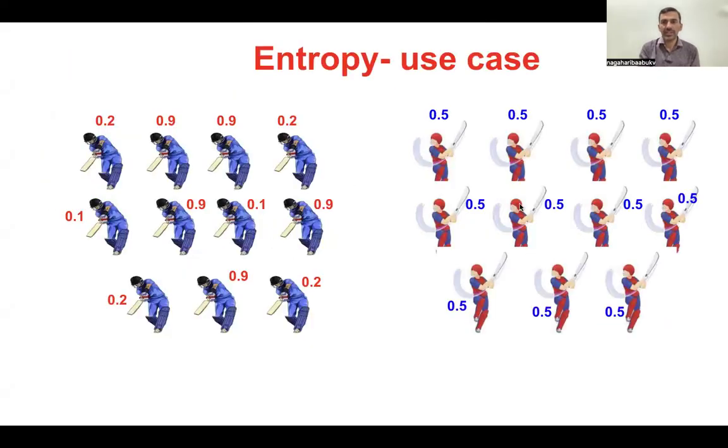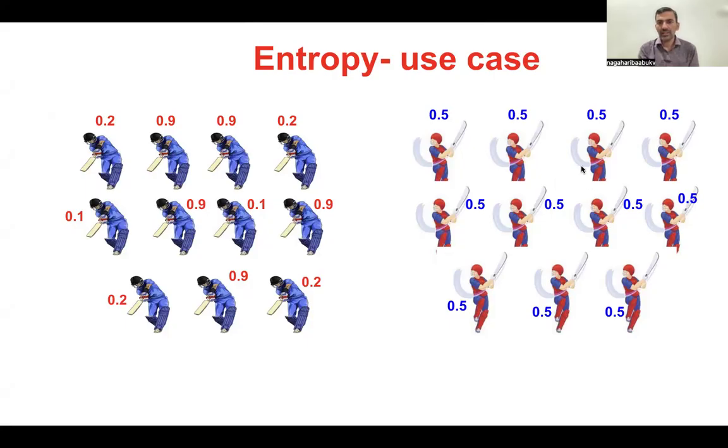We can also take another example. Let's say there are two teams, a blue team and a red team, and each player has a probability of performance in a match, right? This is 0.9. When I say 0.9, let's say out of the previous 10 matches, 90% of the time he scored well, and 10% of the time this player has not scored well.